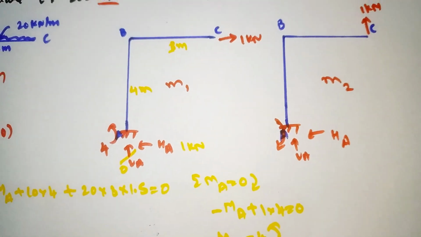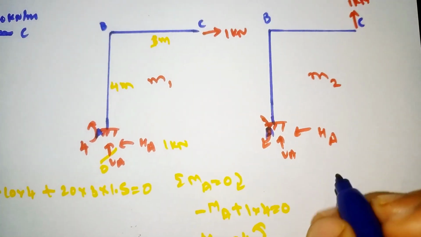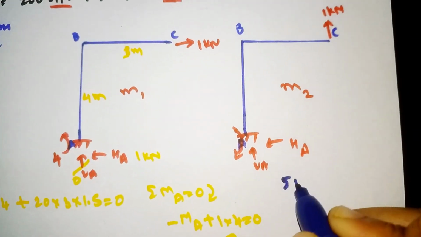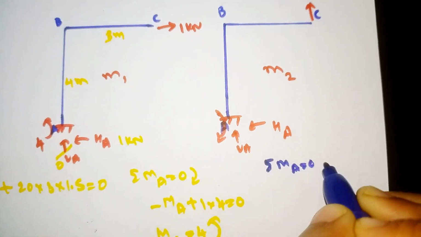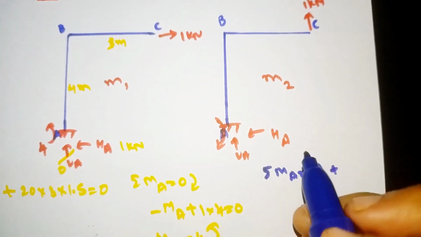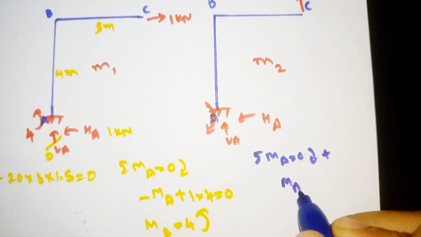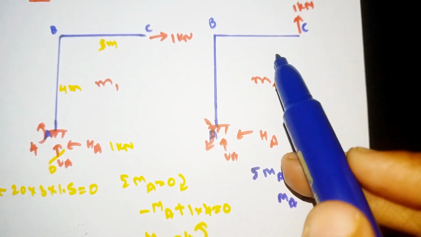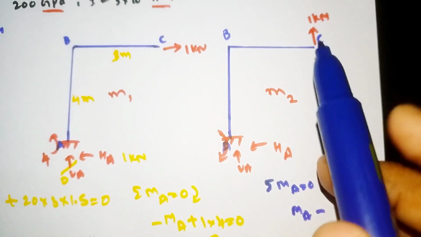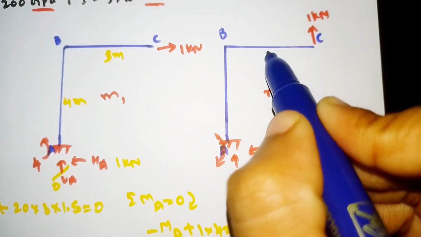So now we need to find the support reaction. Summation of all the moments about A is equal to 0. Clockwise we need to take as positive. MA is moving clockwise, so MA minus the 1 kilonewton. At what distance is it moving?